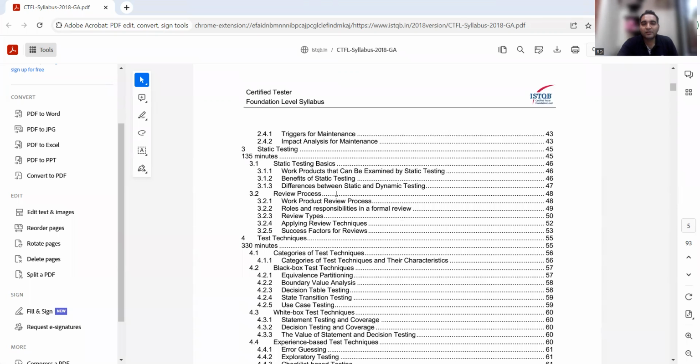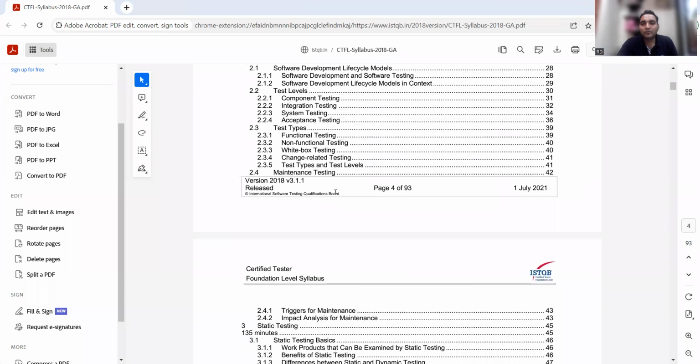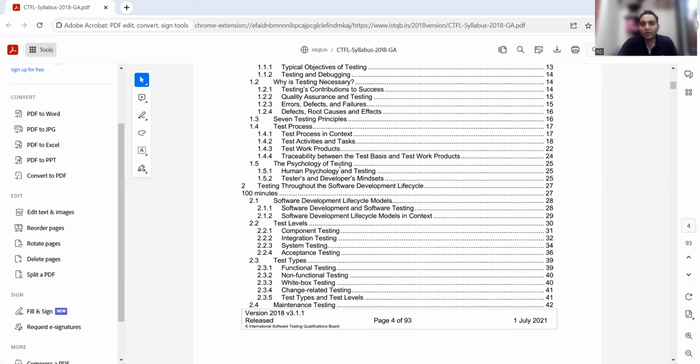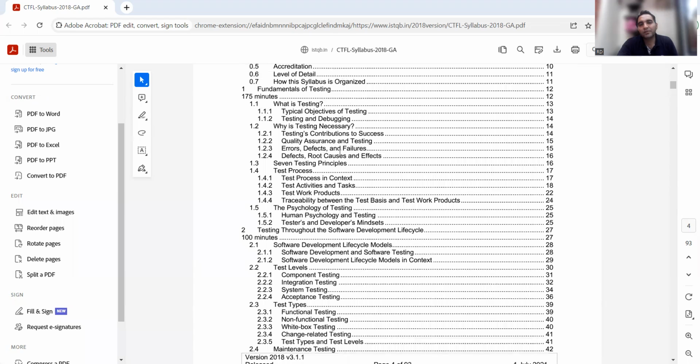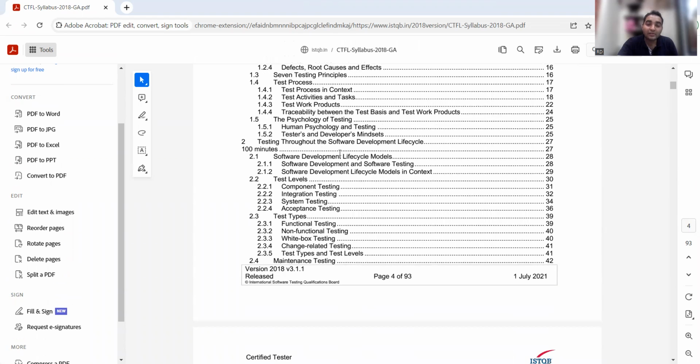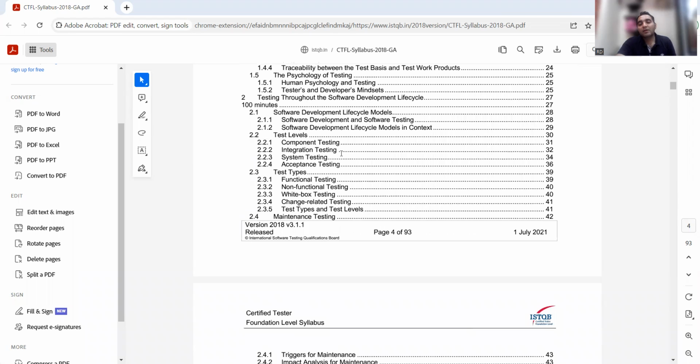In manual testing, you can see you need to have knowledge of SDLC, principles of testing, what is testing, then STLC, then what is the difference between SDLC and STLC. Different testing levels, different testing types, functional testing, non-functional testing, white box testing.